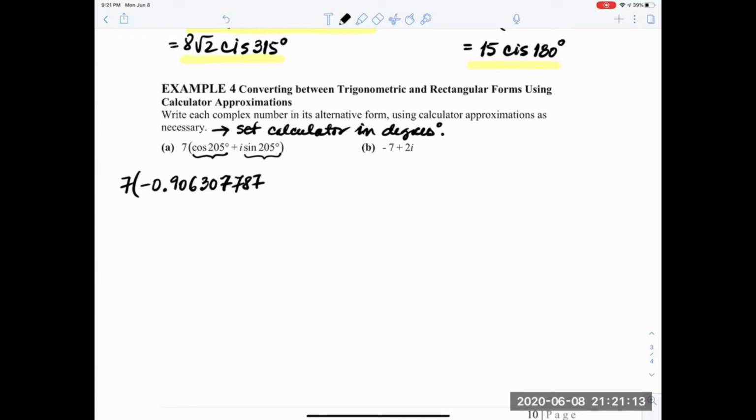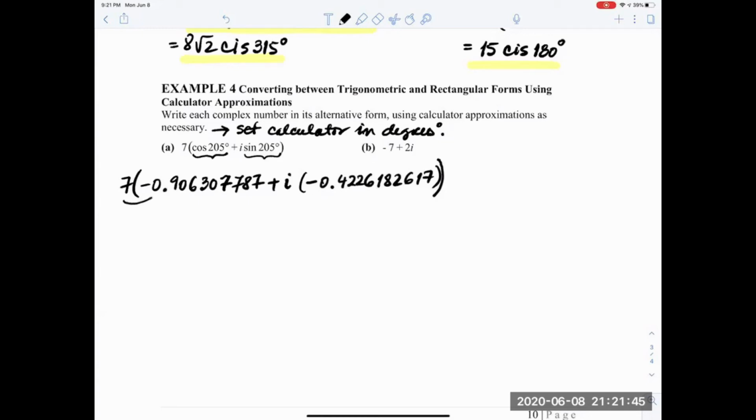Okay, so that's for that cosine plus i, and now it's time for sine. Well, that sine also becomes negative 0.4226182617. I kept as many decimals as possible, and then I closed the outside parentheses. So these are the approximations that you are asked to use your calculator for.